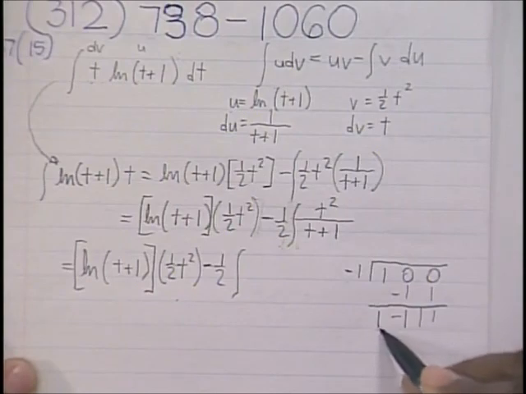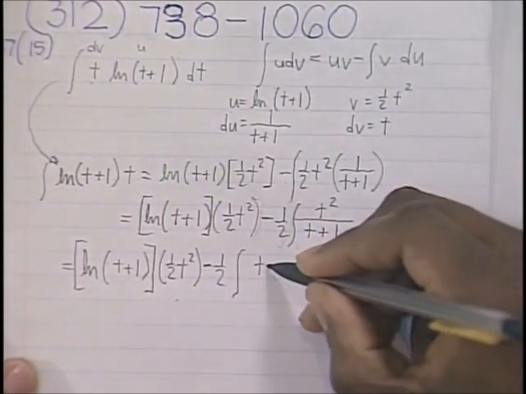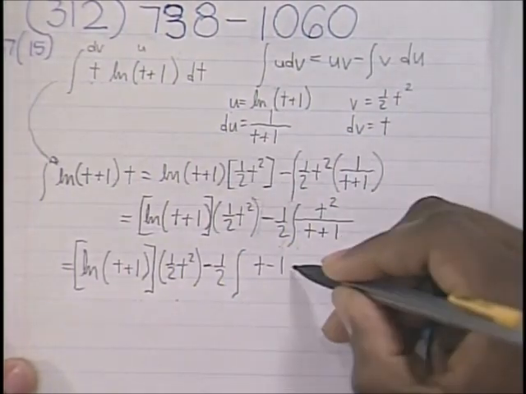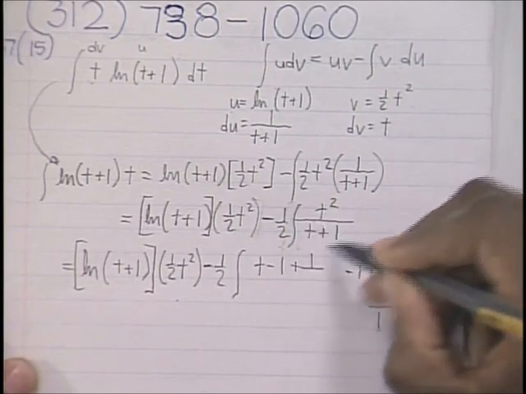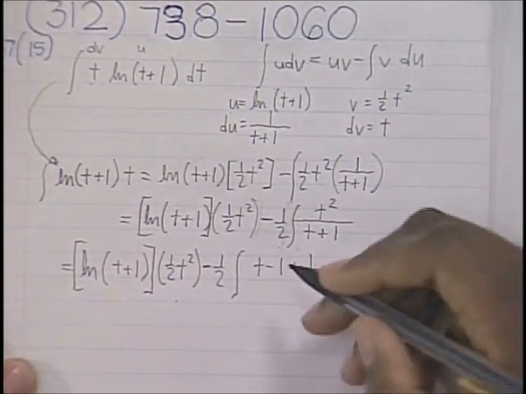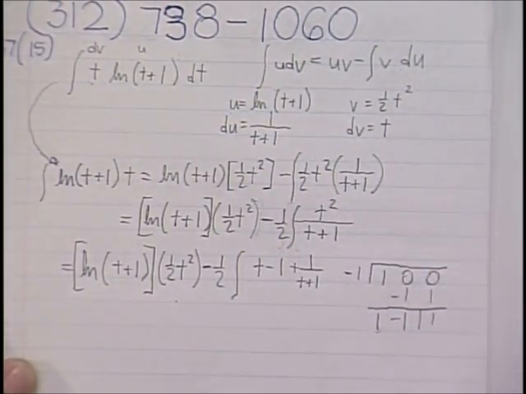Let's rewrite this. This is now t minus 1 plus the remainder 1 over that divisor of t plus 1. Okay? This is much easier to take the antiderivative of than that. All right? That's much easier to take the antiderivative of.